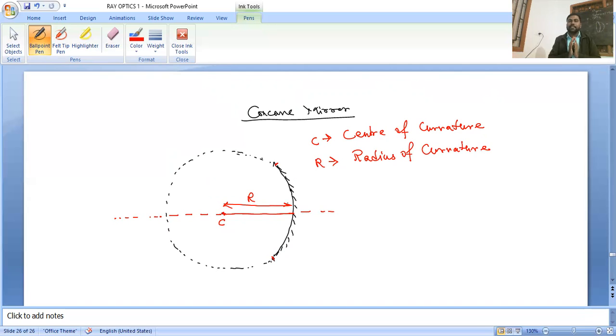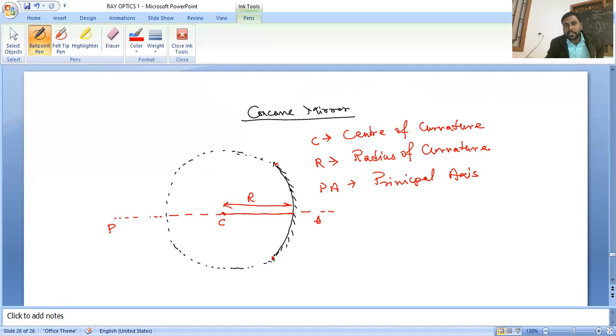This horizontal axis, which passes through the center of the spherical mirror, concave or convex, we can write as PA. So this PA is known as the principal axis. Understood? This center line is known as the principal axis.